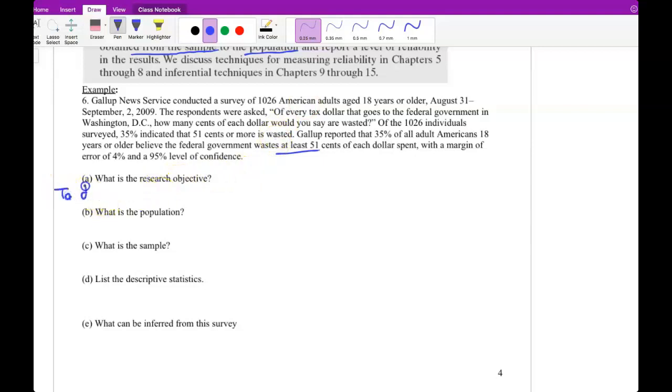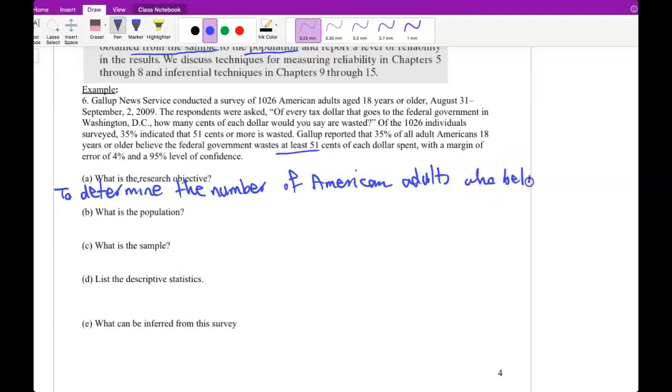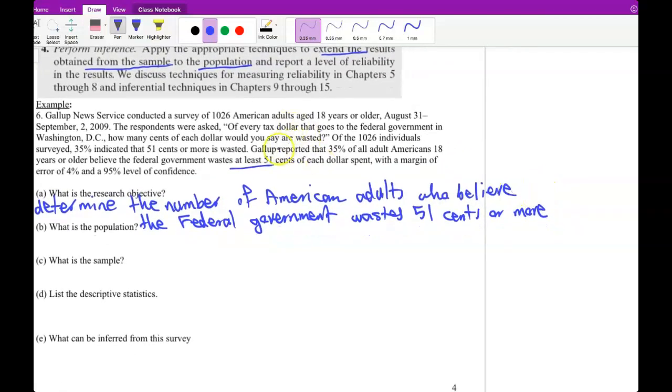So here it is to determine the number who believe the federal government wastes 51 cents or more of each dollar.